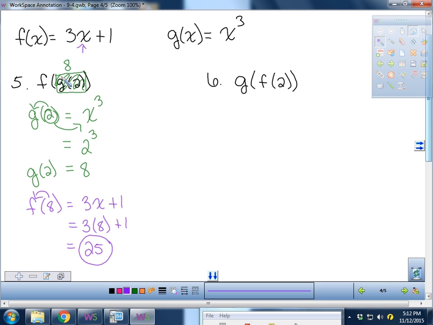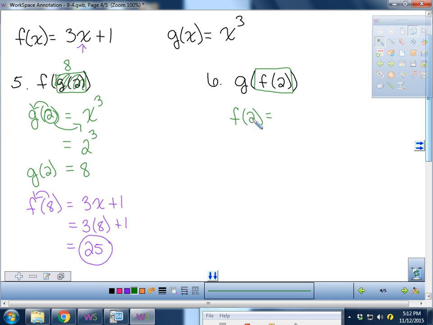So first find this part. What your answer is for that will then go in for this. So you start on the inside and work your way out. For this one, if I start on the inside and work my way out, I'm going to start with f of 2. So I want to figure out what f of 2 is.